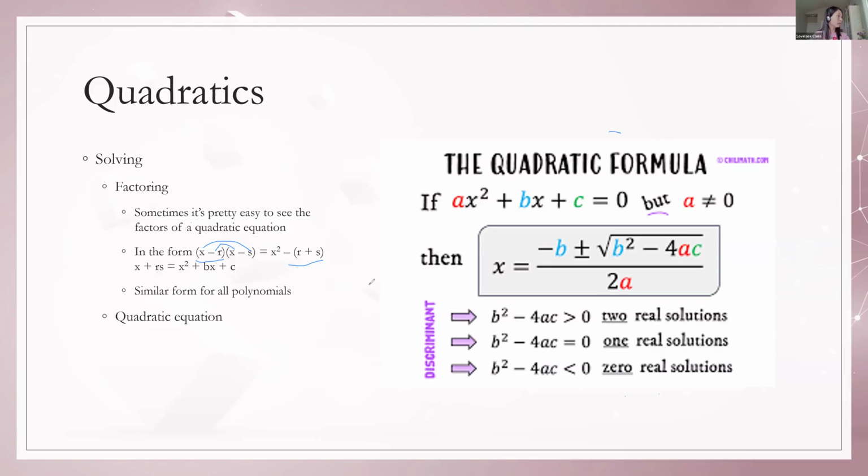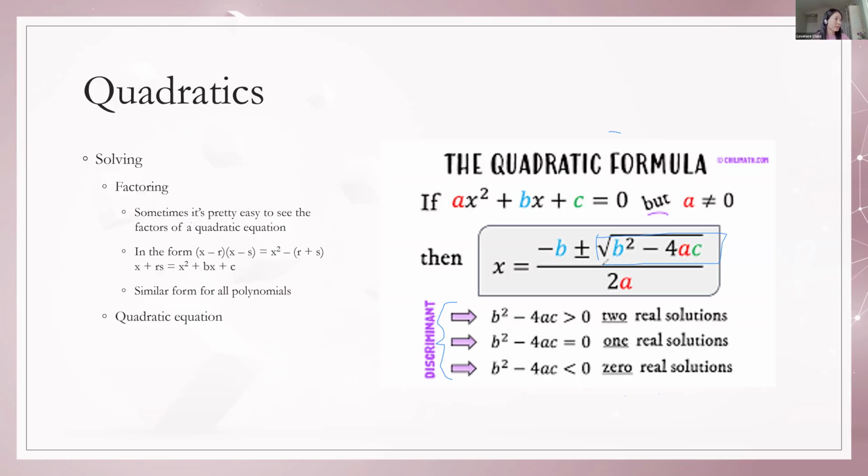But if it's not easily factorable, then you always have the quadratic formula, right? Have you guys learned that yet? This part is because a quadratic always has two roots, but they're not always real roots, right? You can have 0, 1, or 2 real roots. It depends on this part, because you can't square root something negative and get a real solution.